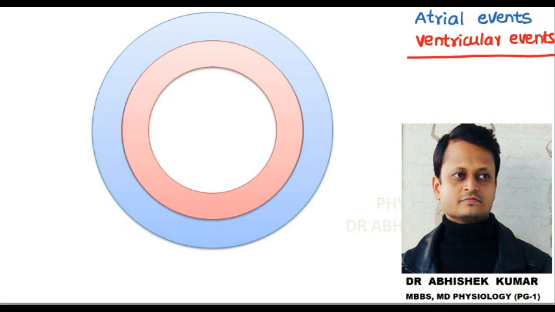Together, these two circles represent one cardiac cycle, the duration of which is 0.8 second.